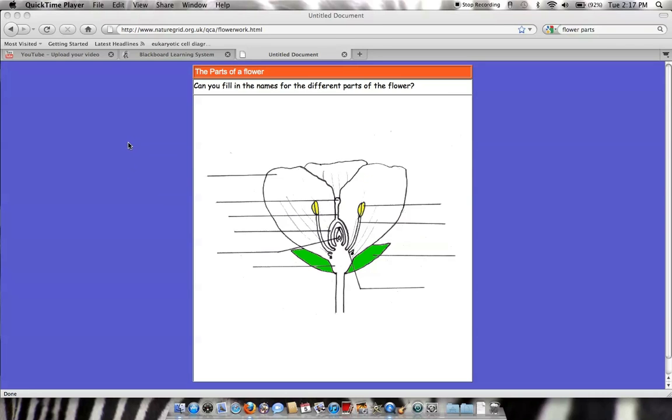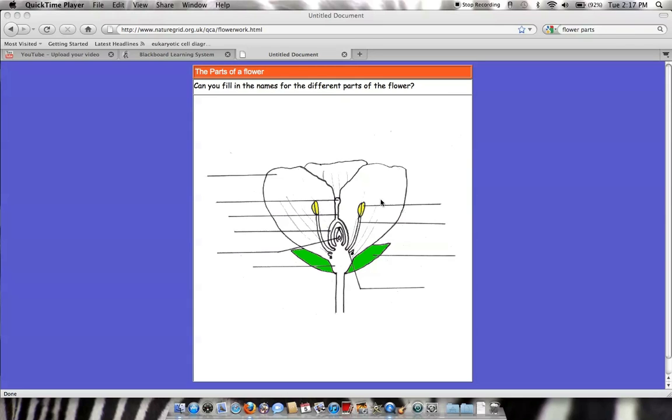So parts of a flower. Maybe many of you never noticed the parts of a flower before. Maybe you just noticed the petals and the pretty colorful parts they are, but there's more to flower reproduction than the petal color. So let's get into the different parts of a flower.